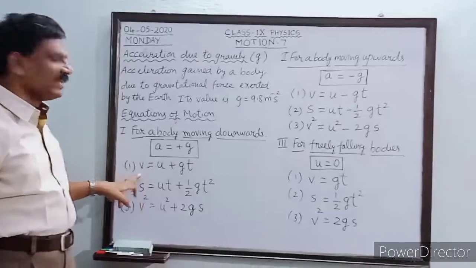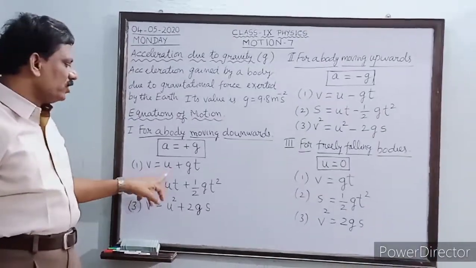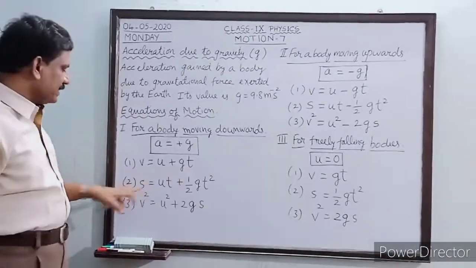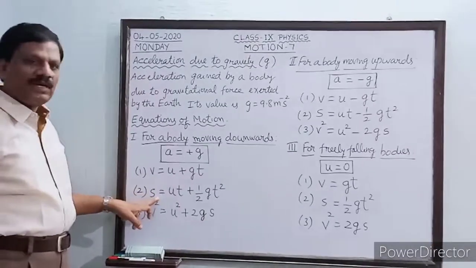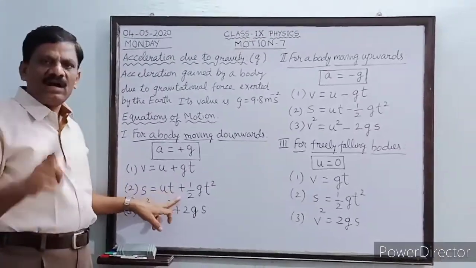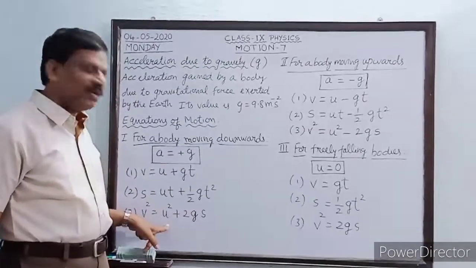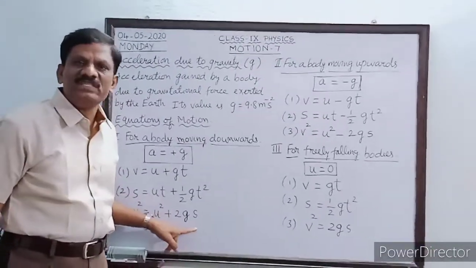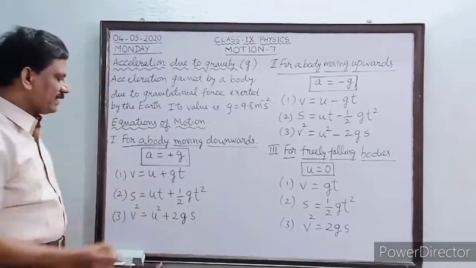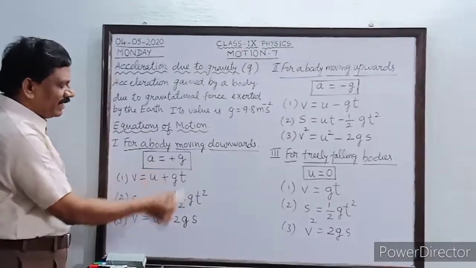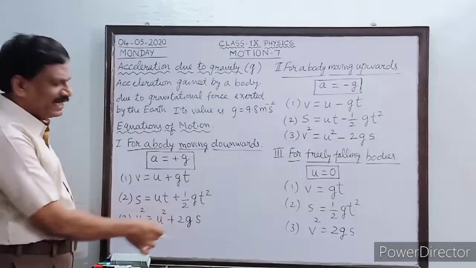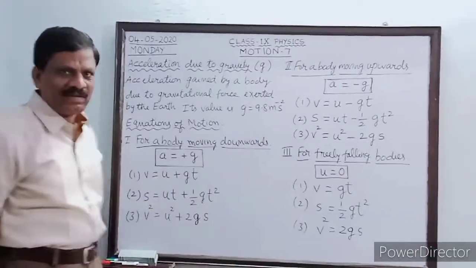And the first equation is v equal to u plus gt. The second equation is s equal to ut plus half gt square. And the third equation is v square is equal to u square plus 2gs. So we have replaced the term a by the term g. Otherwise the same set of equations only we have written.